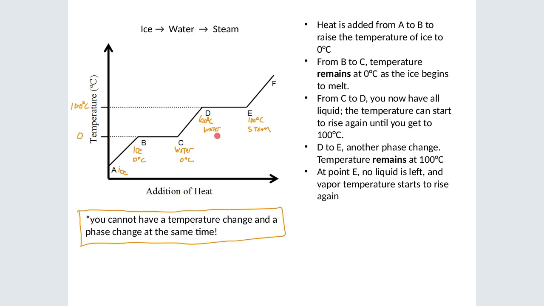Well, the water is not going to get any hotter than 100 degrees. So once it reaches the boiling point, I can't get it any hotter than that. Now, again, the higher up I turn my stove, the faster it's going to get there. But just turning up the stove more is not going to make your water hotter. 100 degrees is the maximum temperature you can get the water.